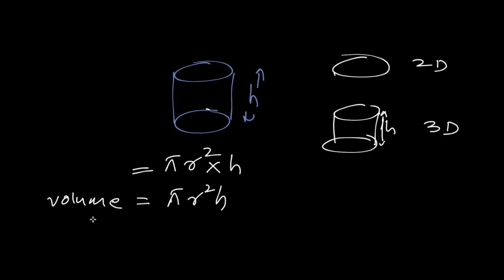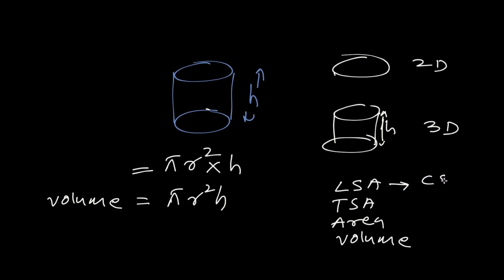So in this video we found out 4 formulas. One is lateral surface area, total surface area, area of a 2D shape, and the volume. But there are a few terminologies which are different for the circle. We are not calling it lateral surface area, it is the curved surface area because it is in the circle shape form.